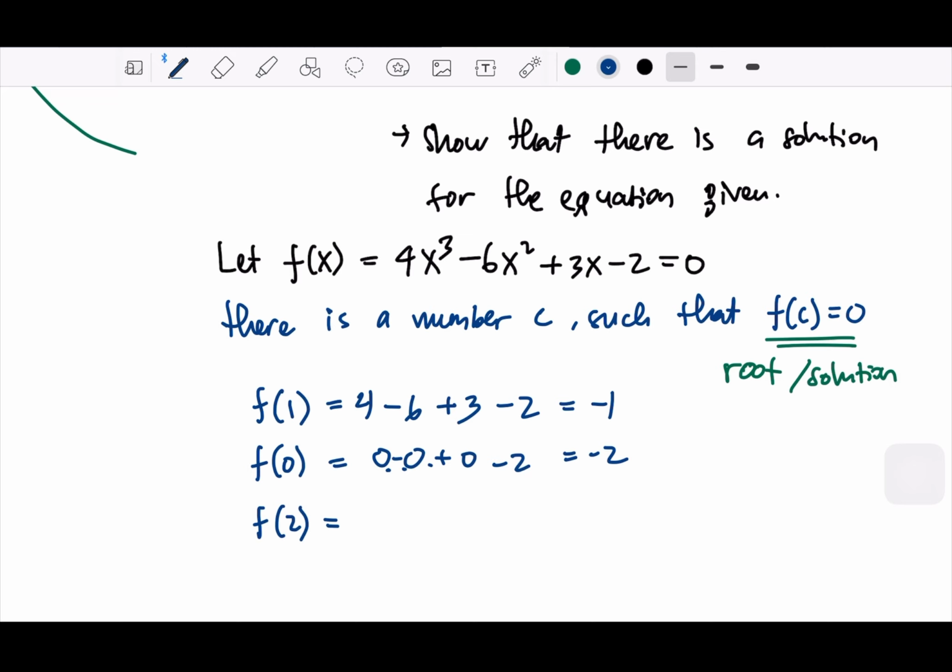And I think you can figure out just by looking at the equation. If the biggest power has maybe a negative, then maybe you can check with the negative x, like negative 1, negative 2. That is easy to compute, and make sure that you have some value that is positive or negative.